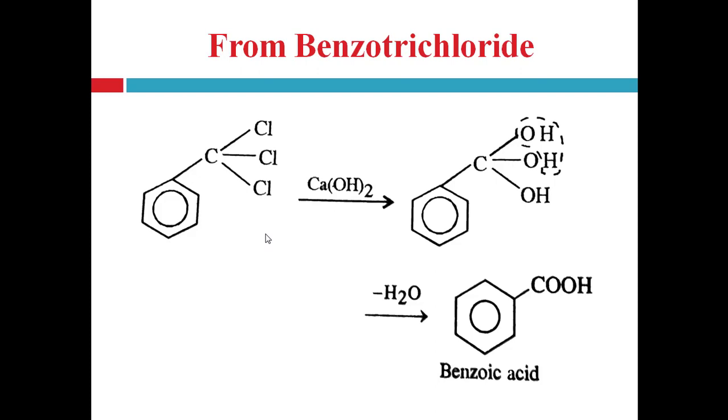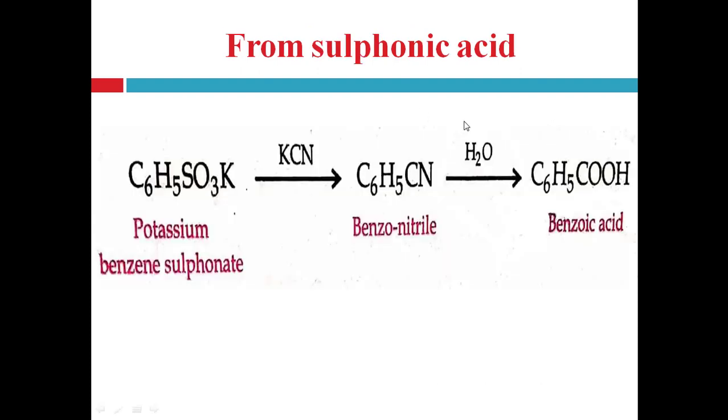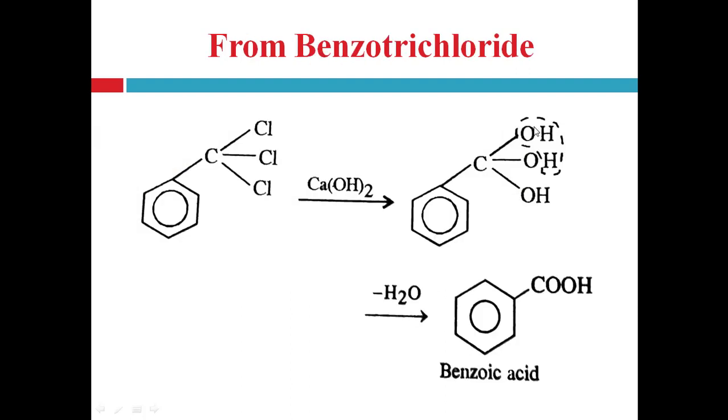This benzotrichloride reacts with calcium hydroxide in the presence of iron as a catalyst and water, and is converted into benzotrihydroxide, right? Now this benzotrihydroxide is unstable and is readily converted into benzoic acid by loss of one water molecule. How is this water molecule removed?